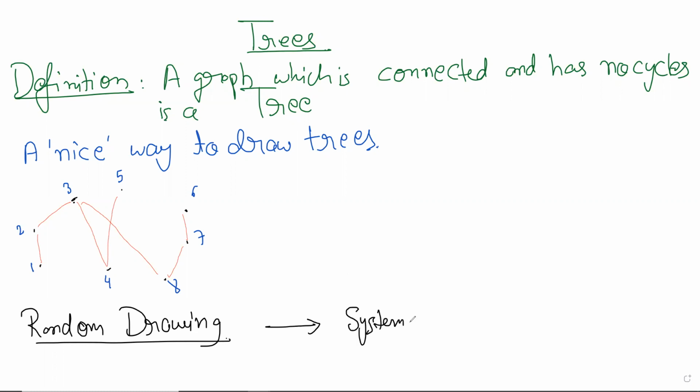Now, since the question is vague, let me answer it myself. I'm saying that we want a systematic drawing, because there are many ways to draw this systematically. So what's the first step?